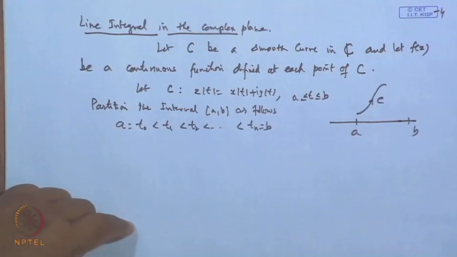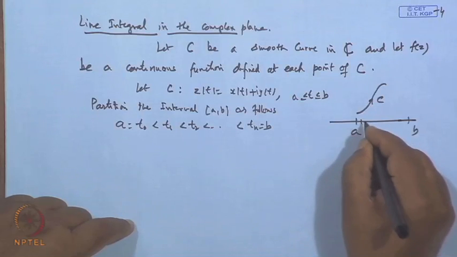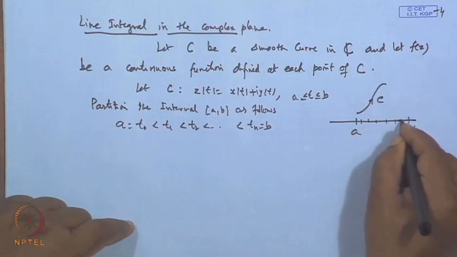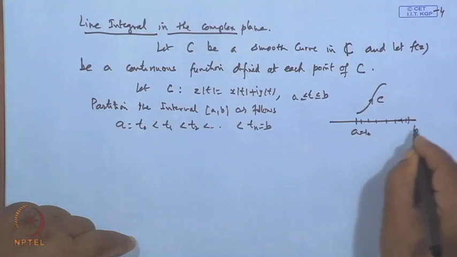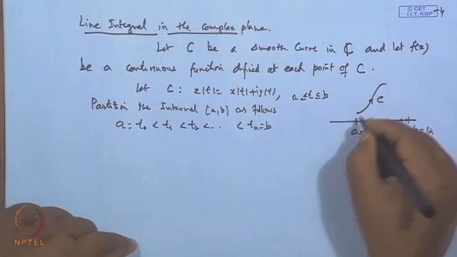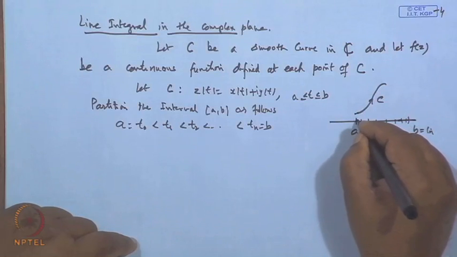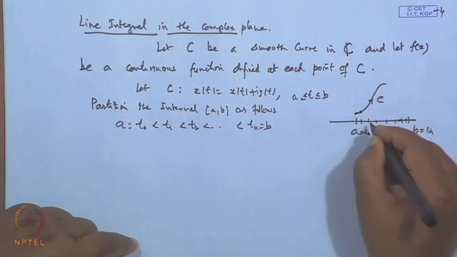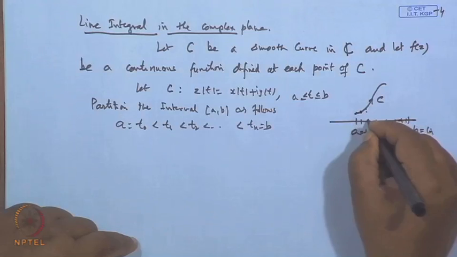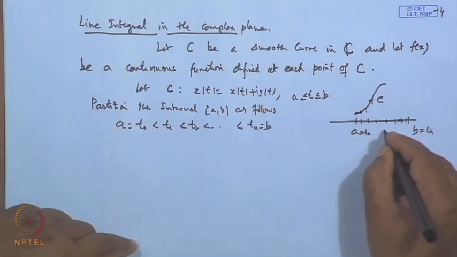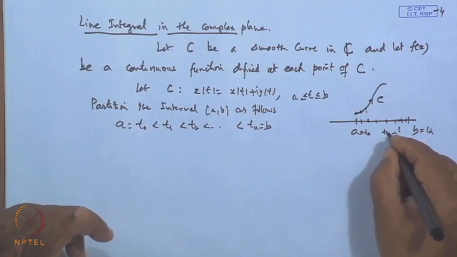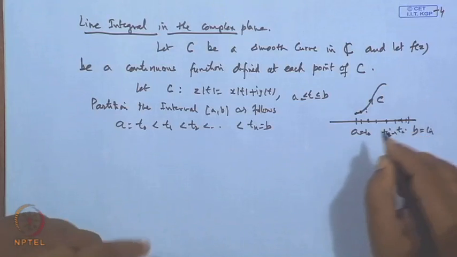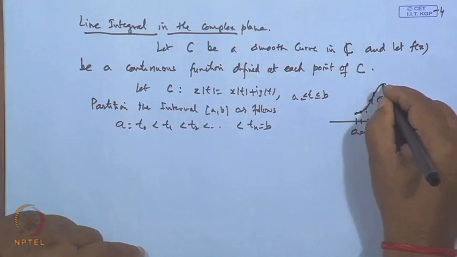Now, once you partition this interval into subintervals by choosing the points t₀, t₁, t₂, ..., tₙ, then corresponding to t₀, t₁ we get points on the curve. Suppose we have a point here, tᵢ₋₁, and here is tᵢ. The corresponding point will be somewhere here.